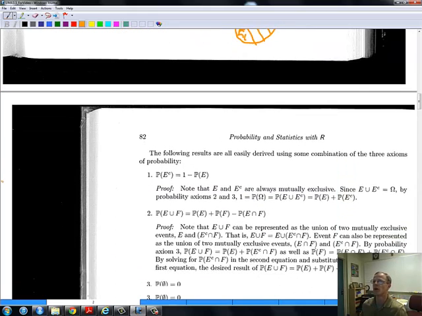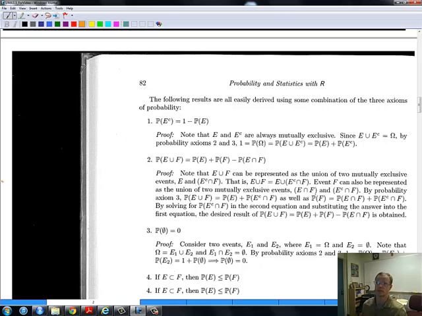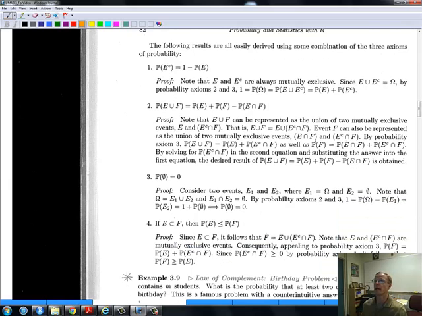Okay, we get 4 probability results. The first one is sometimes referred to as the probability of the complement. So E superscript C is the complement, and I'm sure you're familiar with that. But if this is E here, then a complement, E^C, is everything else.